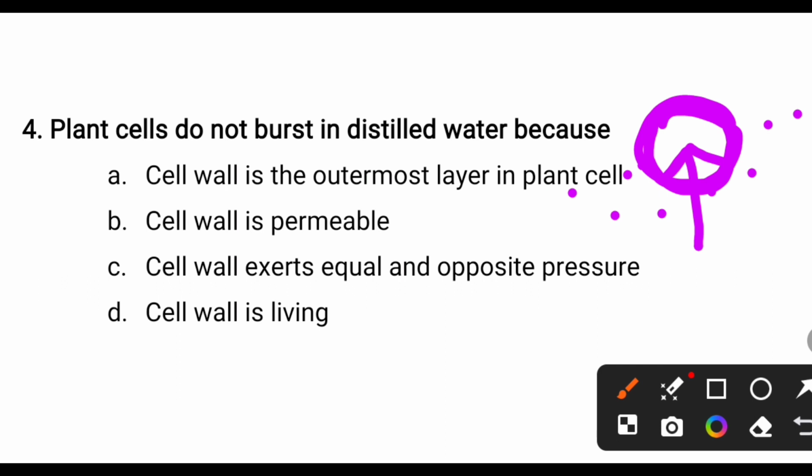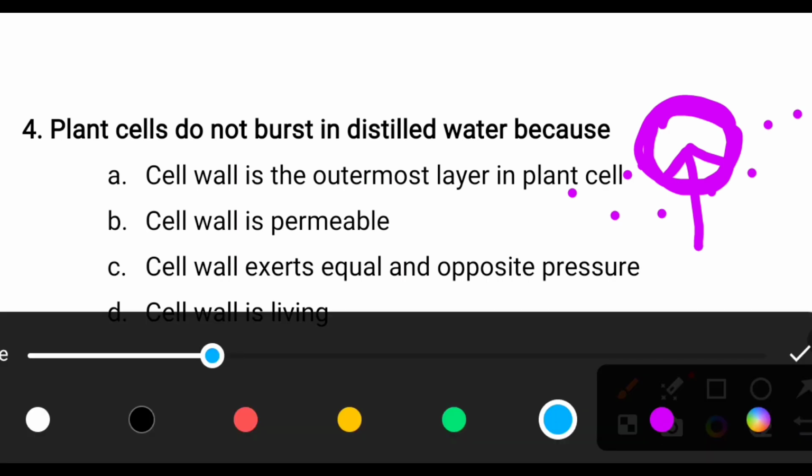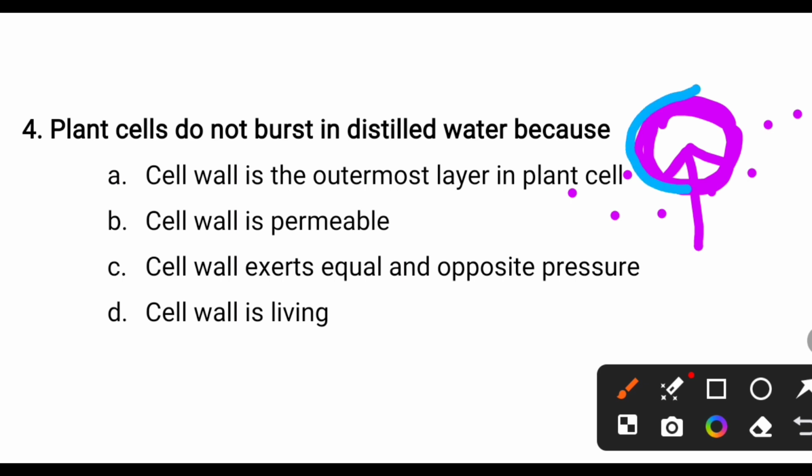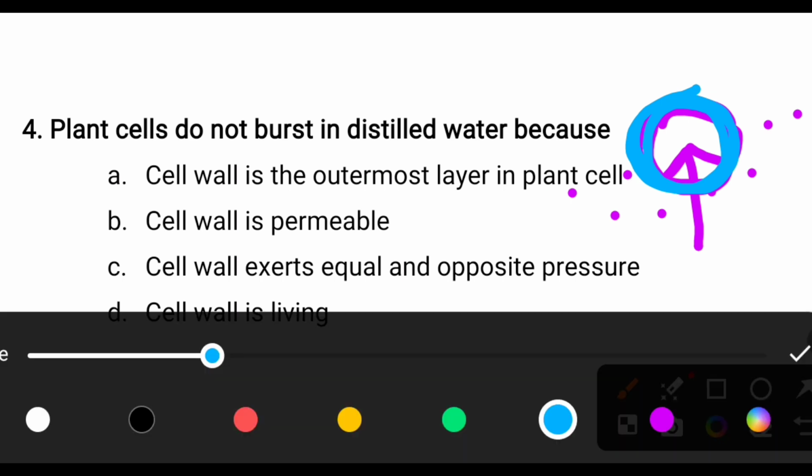The cell becomes turgid. Due to the turgid condition, pressure develops inside the cell. That is called turgor pressure. The turgor pressure actually causes enlargement of the cell, enlarging the plasma membrane. In plant cells, outer to the plasma membrane, there is a cell wall.